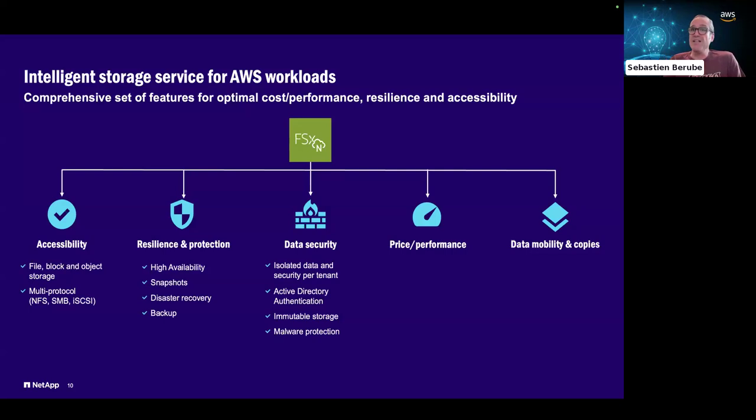On the price performance side, one thing that I've mentioned is the elasticity of the service. So you can, if you want, increase or reduce the throughput that's provisioned for your FSx file system, which is awesome.